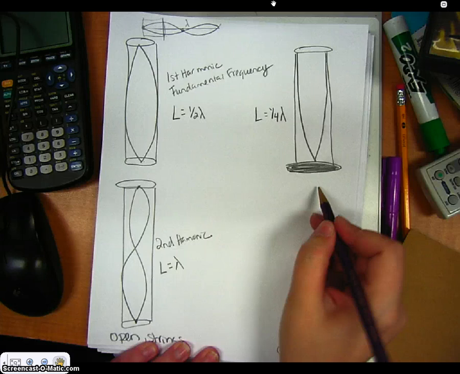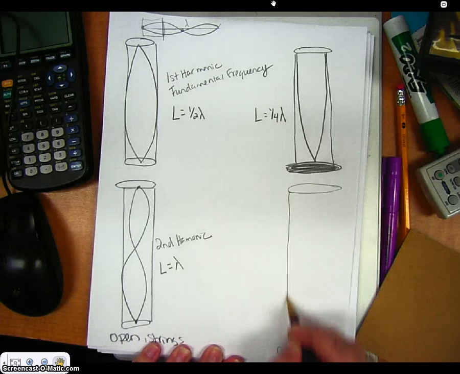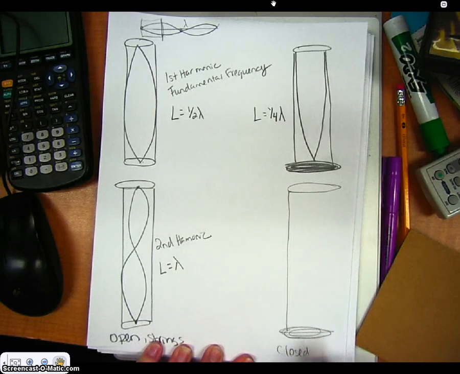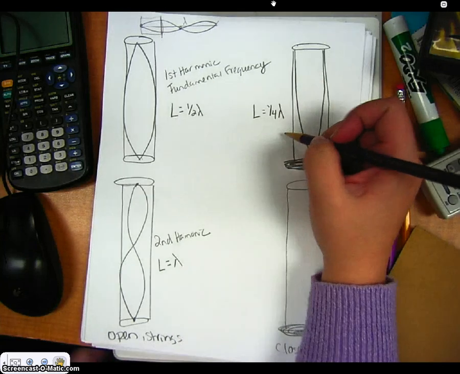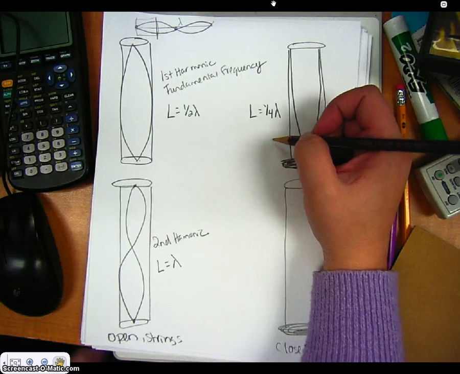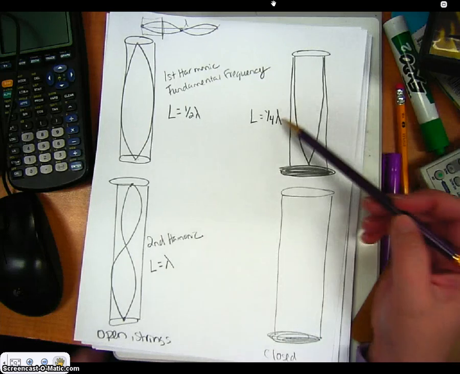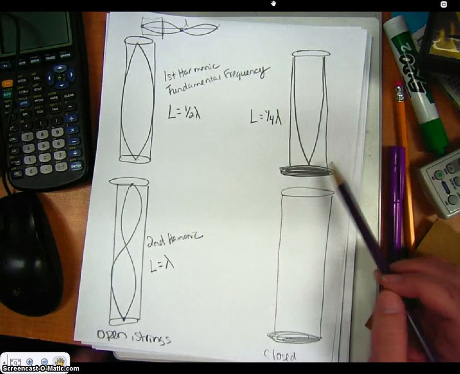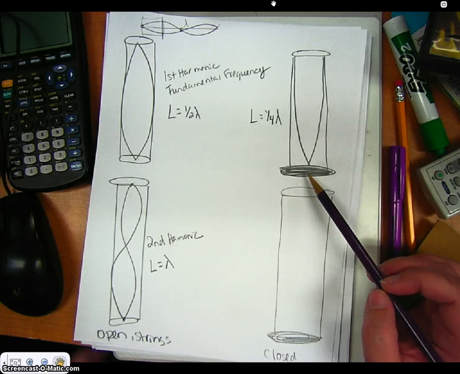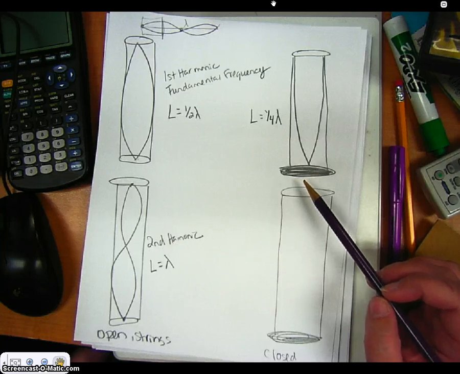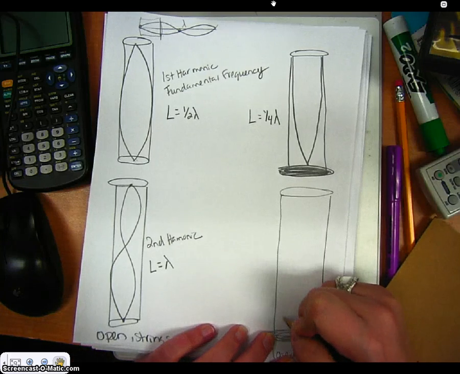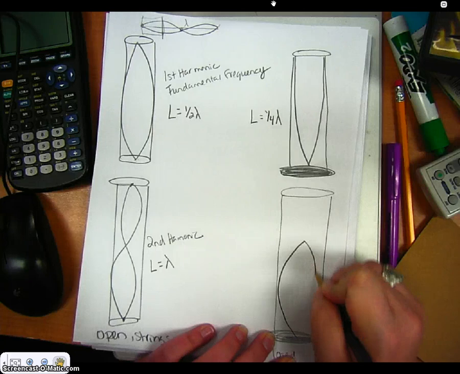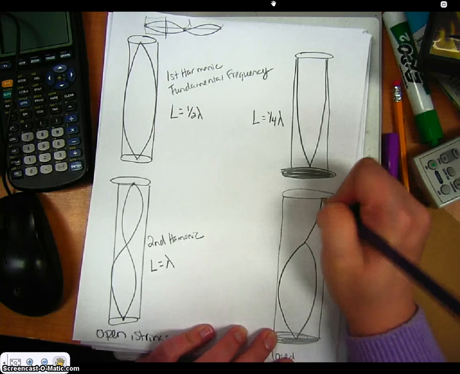Now, if we go to the next case, if I were to double this, I would have 1/2 the wavelength, because you'd have 2 fourths, right? But in the case of a closed column, it always has to have an antinode at one end and a node at the other. So let me draw this. I have to think while I do this one.